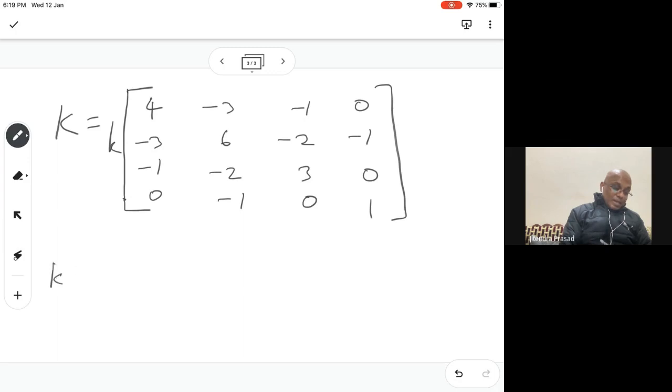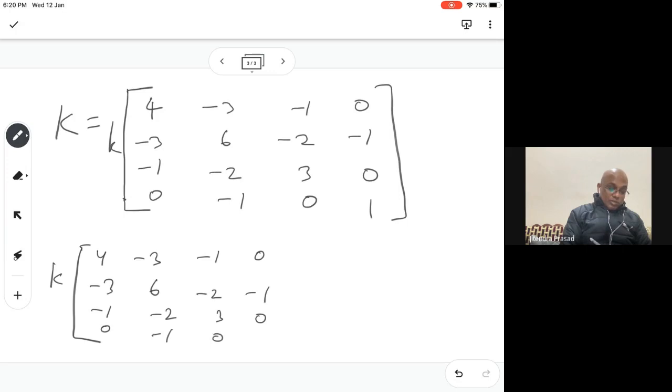Okay, once you have that, the next thing is to solve the problem. You can write k again: 4 minus 3 minus 1 0, minus 3 6 minus 2 minus 1, minus 1 minus 2 3 0, 0 minus 1 0 1.